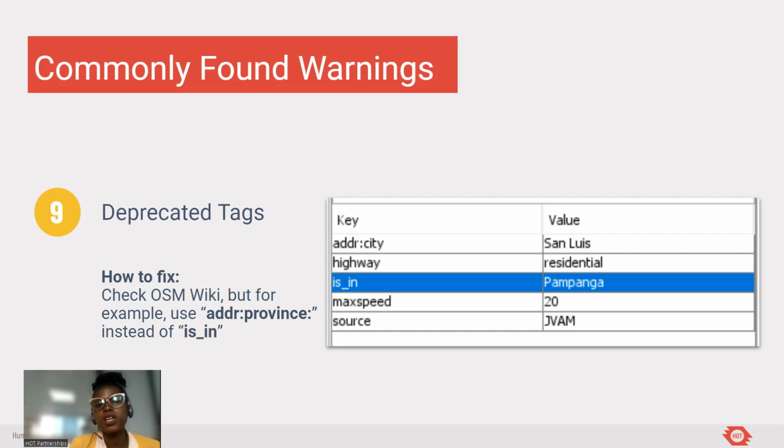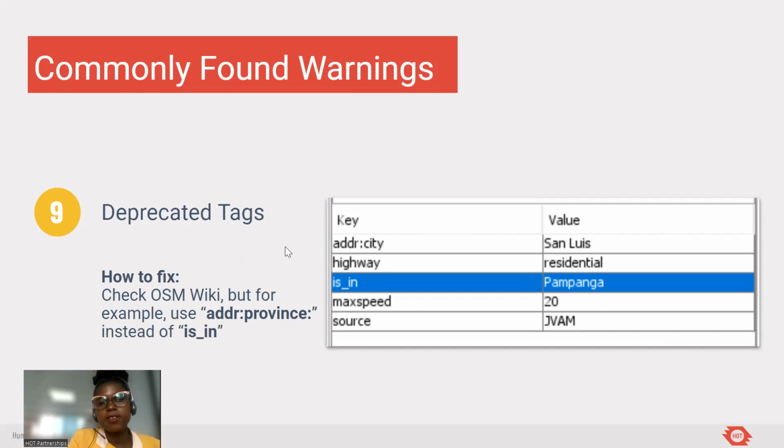So usually when you're working on deprecated tags, it's very good to refer to the OSM wiki. For instance, if you find when you're doing your validation that you get a warning saying deprecated tag, and it says is_in, you can change it to address, or address colon province, and the error will disappear.